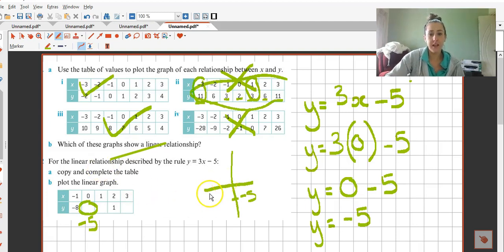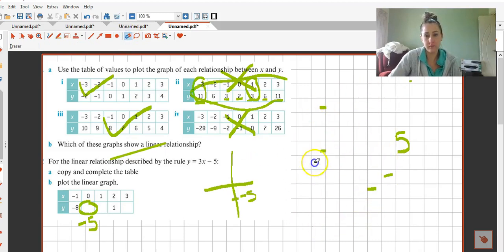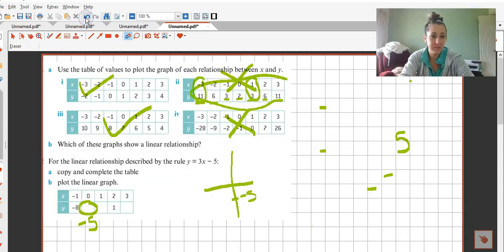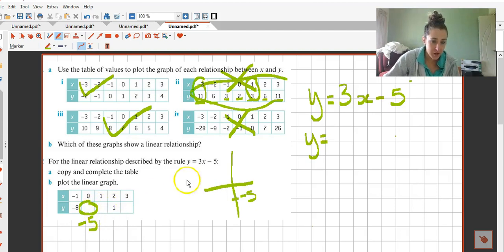Okay, next value. Again, same formula, y equals 3x minus 5. That remains the same. We want to find out our y value for here, and our new x value in the table is 1.